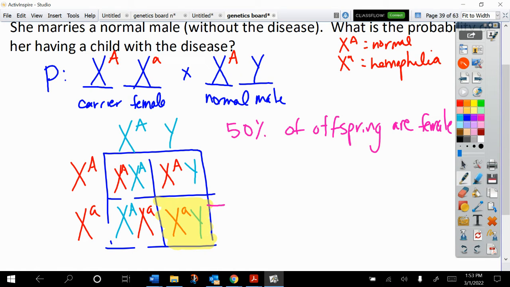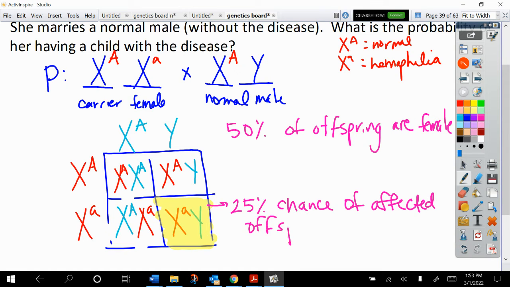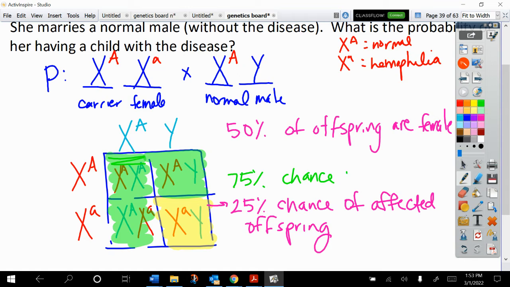And so we have a 25% chance of affected offspring. We also have all of the females will be normal, and the male will also be normal. Okay, so 75% chance normal offspring.